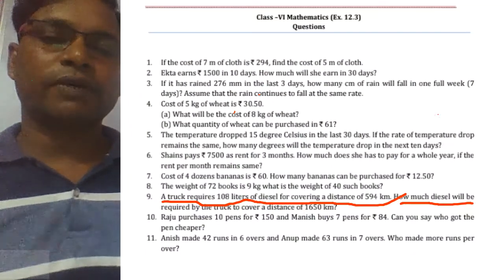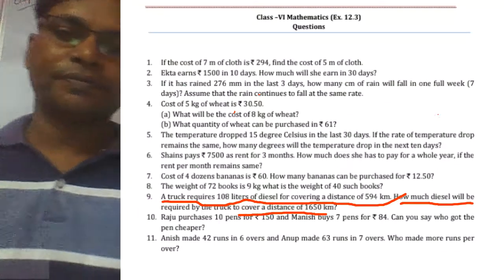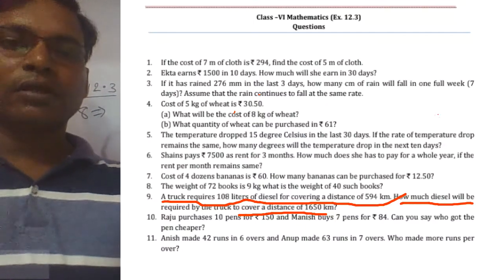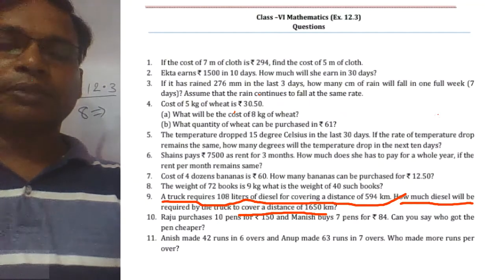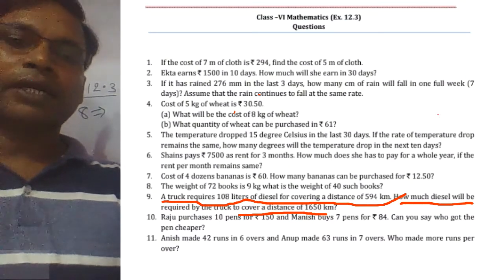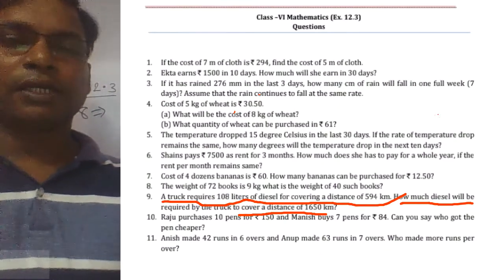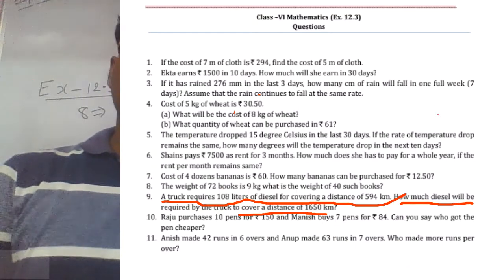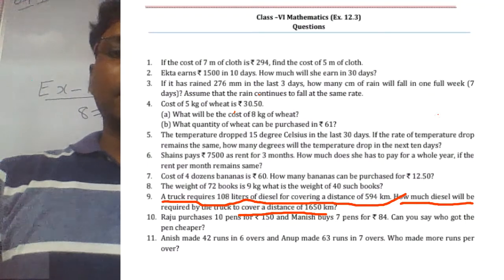So how much diesel will be required by the truck to cover the distance of 1650 kilometers? So you find the amount of diesel the truck needs to cover 1650 kilometers. This is clear.